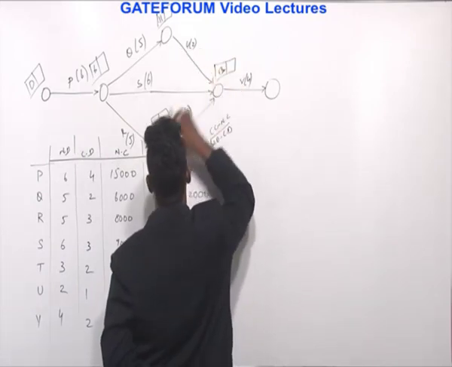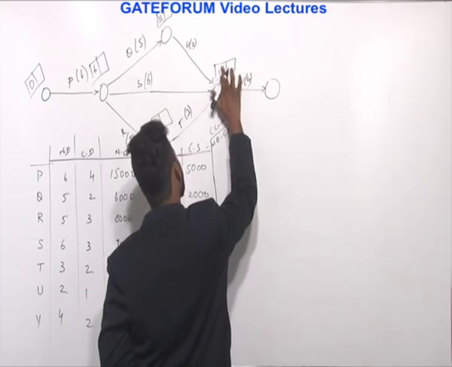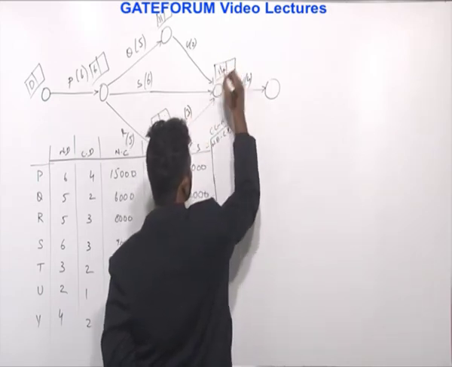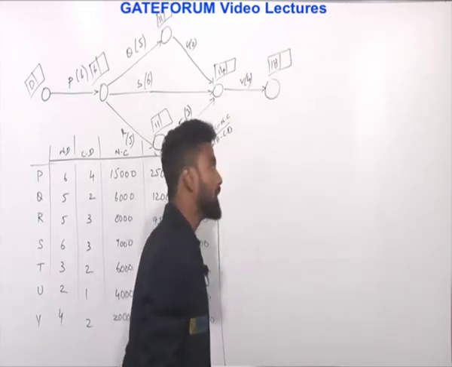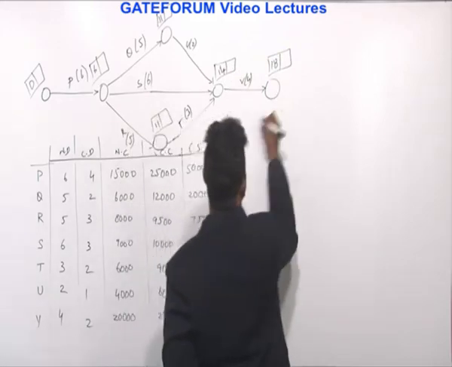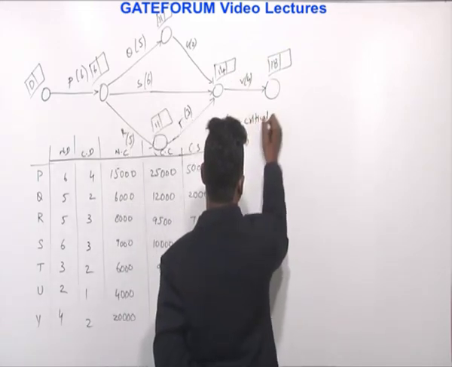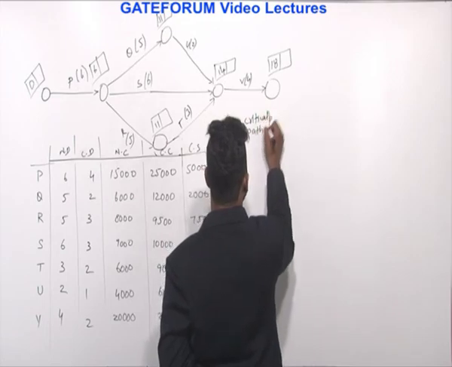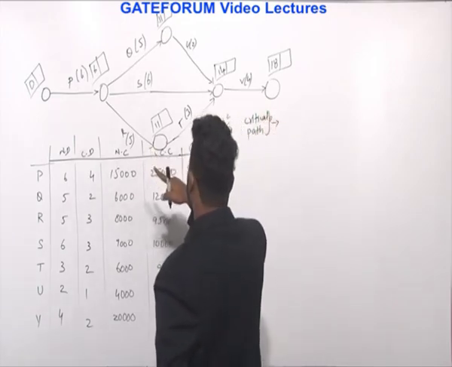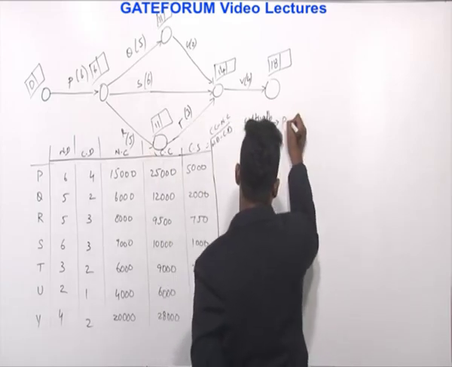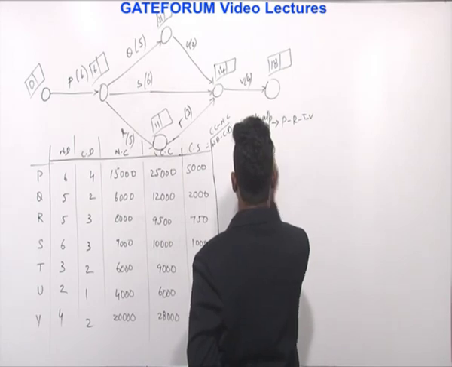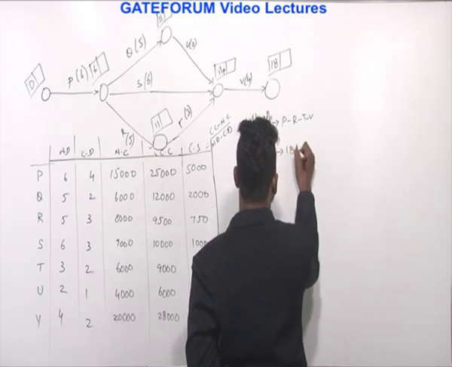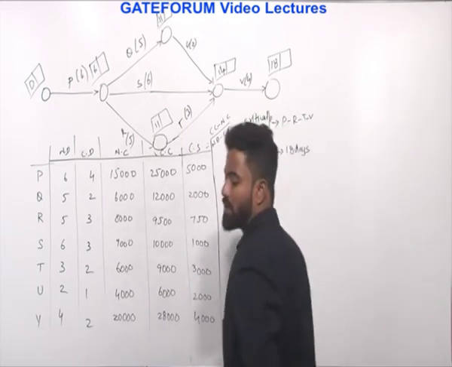So 11 plus 3 is 14, and 14 plus 4 is 18 days. So what is the critical path here? PRTV is the critical path, and the critical duration is 18 days.